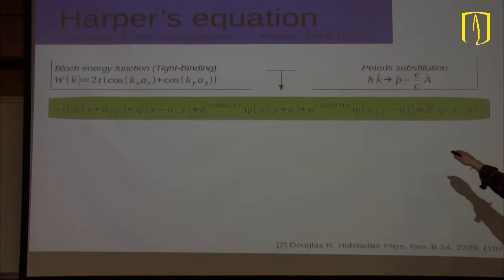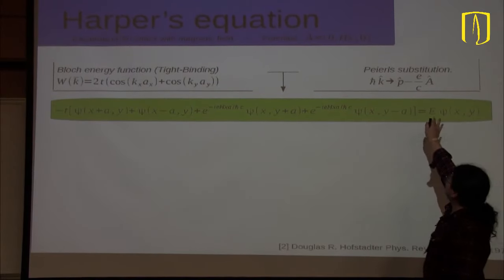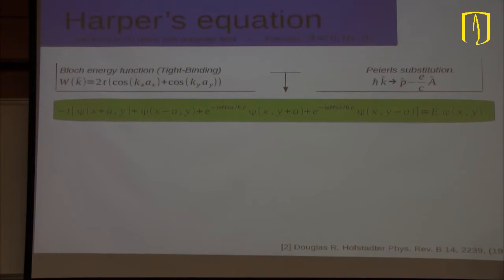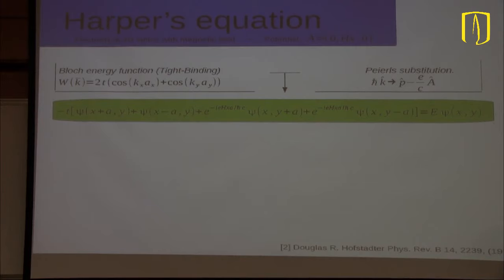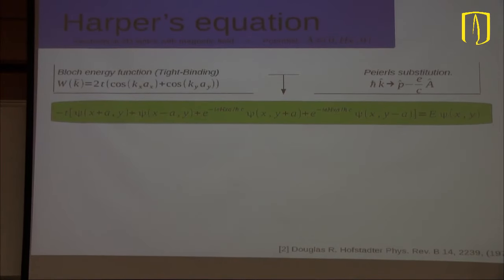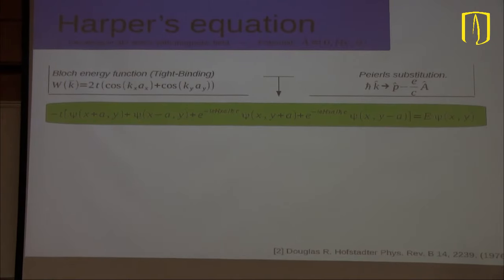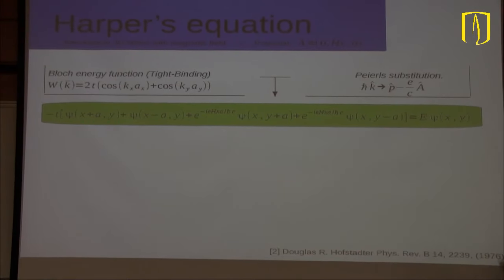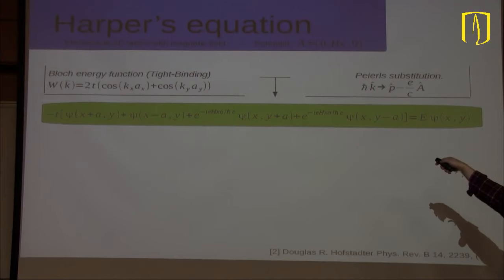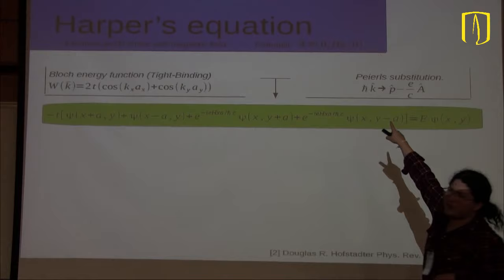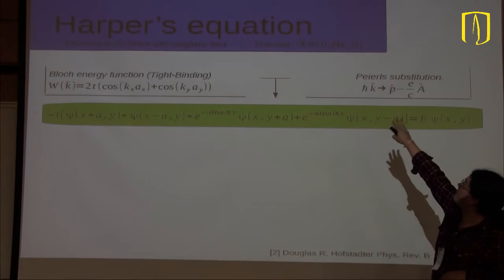So we have to change the momentum for one that also considers the magnetic field, which is encoded in the magnetic vector potential. Of course, they are operators, and then we put the Peierls substitution in the Bloch energy function, and we promote it to an operator, and we will say that that will be our new Hamiltonian for this system of the electron.